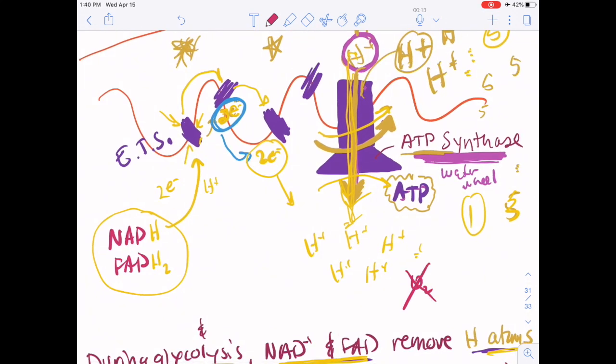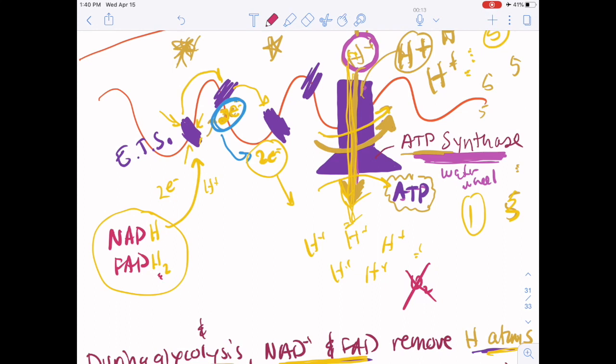And NADH is like, come on, can't we get more O2 here so that we can do this chemiosmosis thing? And when you're running a marathon, your heart is going to have a hard time keeping up the pace for the demand for ATP.